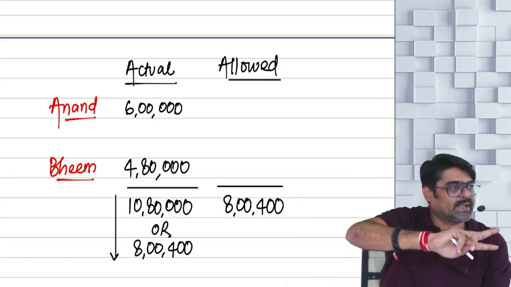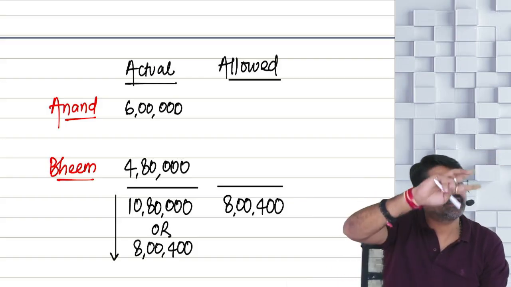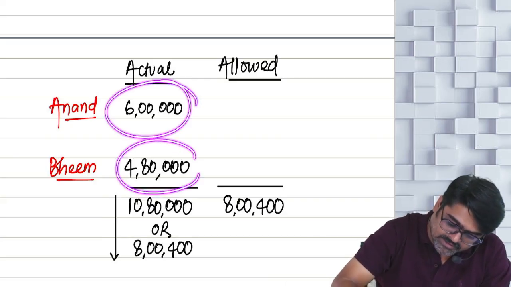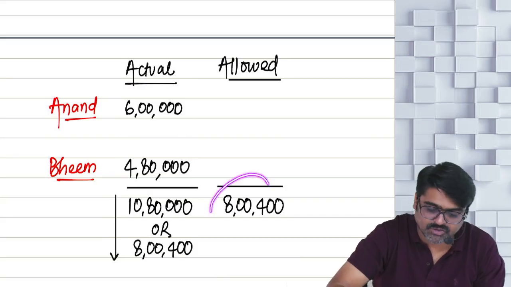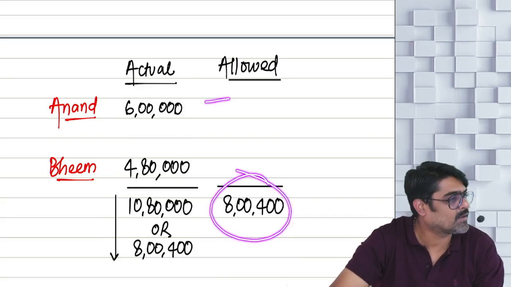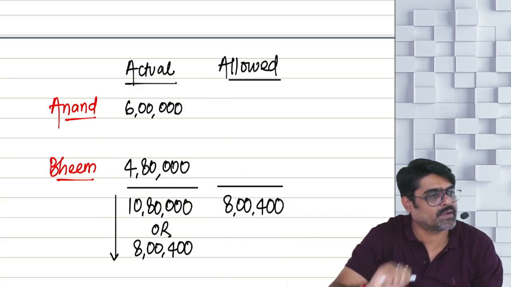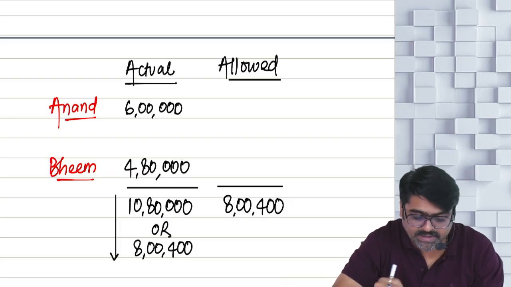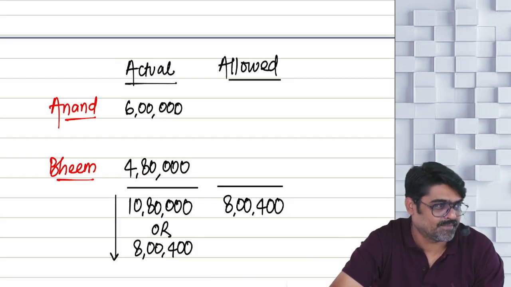Because 10,80,000 is in a ratio. 10,80,000 is in what ratio? 10,80,000 is in this ratio, no? So in that same ratio you have to bifurcate this 8,400,000 also. So 8,400,000 into 600 divided by 1080.